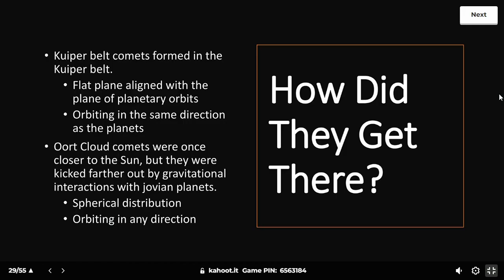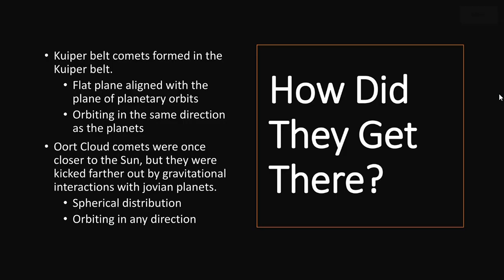So again, where did this material come from? It's leftover material from solar system formation. For the most part, the Kuiper belt is all aligned or fairly closely aligned to the plane where the planets orbit the sun, and they all orbit more or less in the same direction.